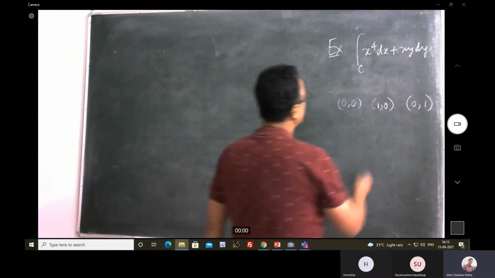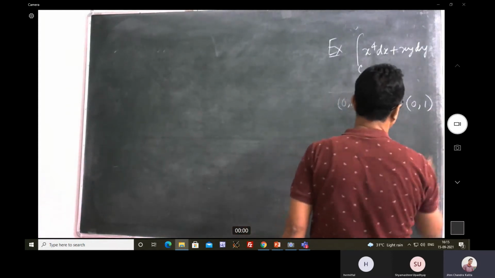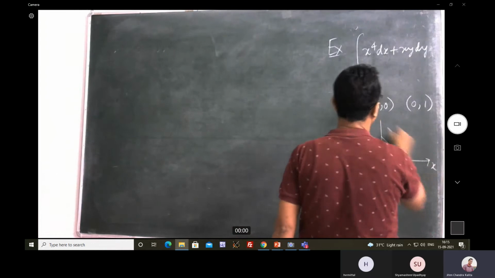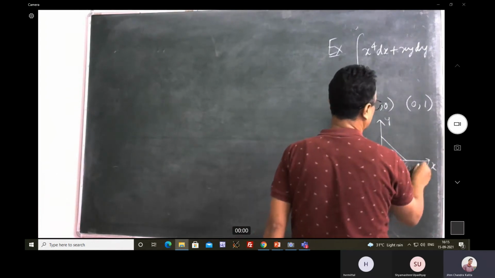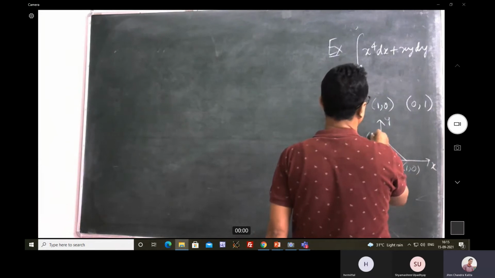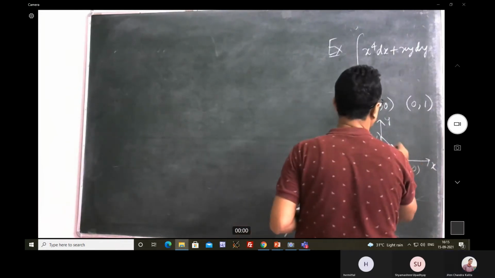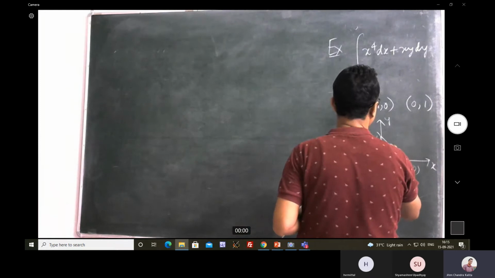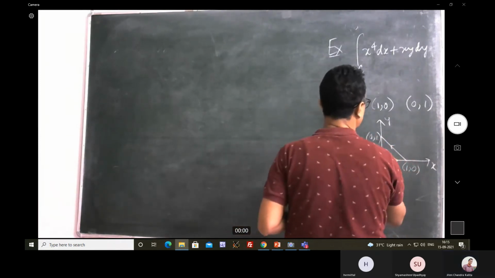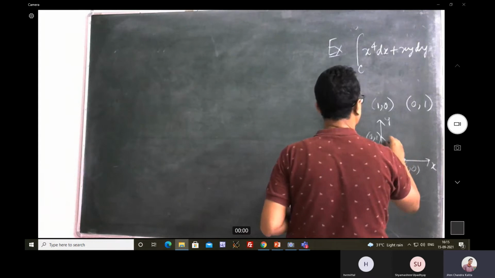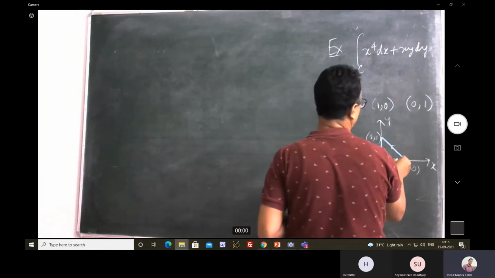Basically, we are considering this triangle. C is this curve, although it is in the shape of a triangle.